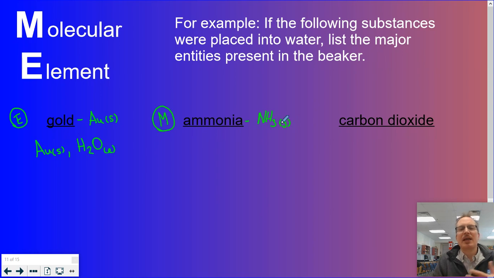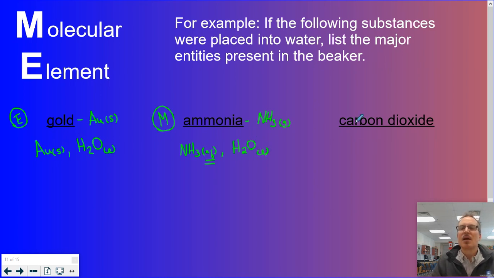When I bubble ammonia gas into water, since it's on the SHAG ME list, I know it's going to stay together because everything that's a ME stays together. However, it is one of my six special cases, so I know it changes into aqueous. And of course, don't forget, since I'm putting it into water, water is always present as one of my major entities.